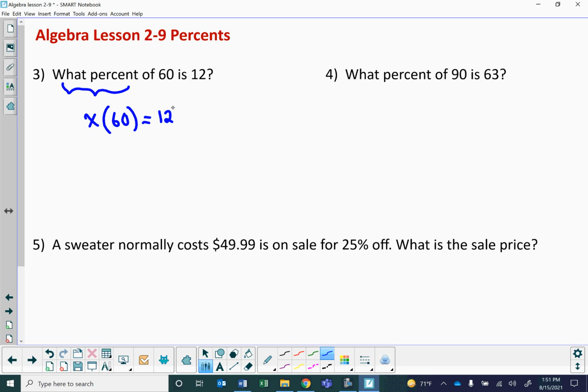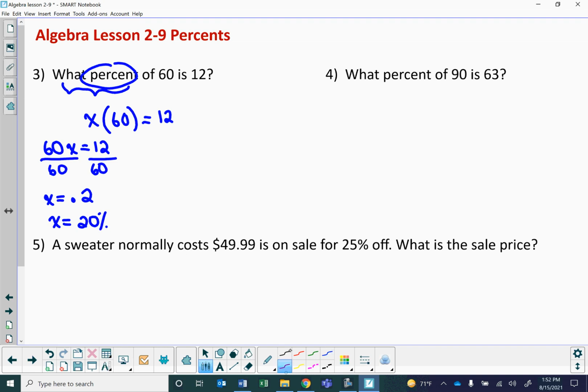Right, so I have 60x equals 12. Divide both sides by 60. So x is going to equal 0.2. Now what I remember is I'm looking for a percent. 0.2 is not a percent. I need to change it to a percent. So that means it's going to equal 20%.